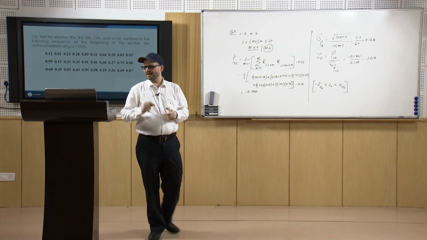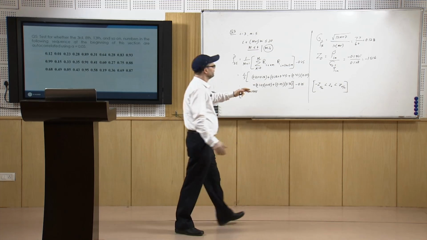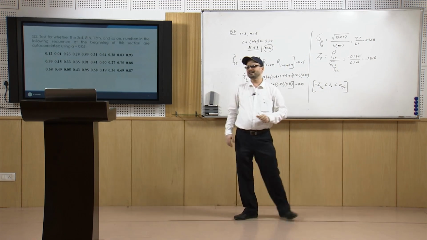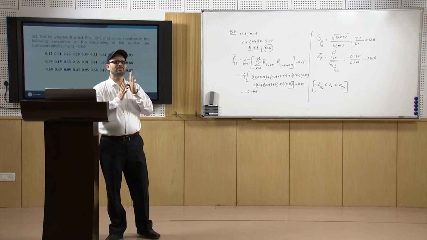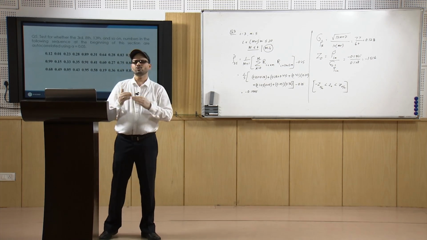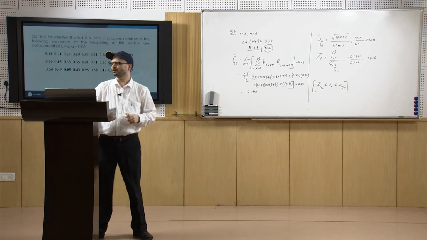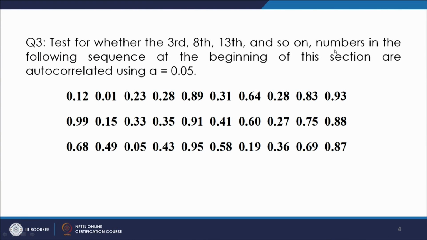Now, this value is to be referred from the table for alpha by 2. Alpha is taken as 0.05, so you have 5% tolerance. Alpha by 2 means 2.5%, so it will be 97.5% is the value you have to look into.